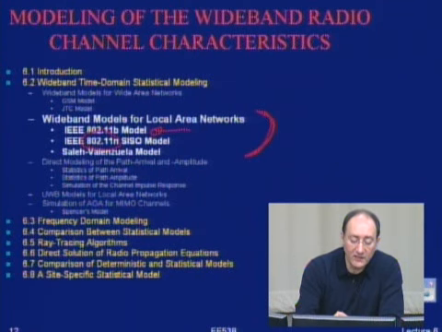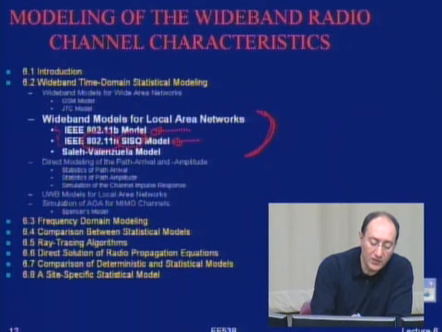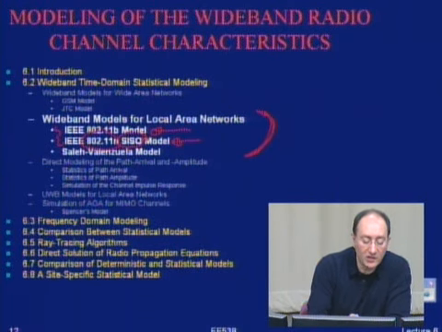At the beginning of that standard, they have a SISO model also. SISO is single input, single output, single transmitted output, single received output, and they have a path loss model for that. That is actually a complement to the 802.11b model. So these two together are really one model. Here is the path loss, here is the channel profile.